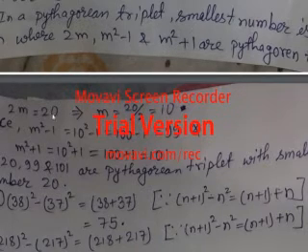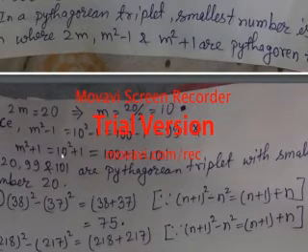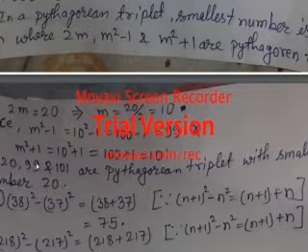So 2m is equal to 20, because here it has been said with a smallest member 20. So what happens? m is equal to 20 by 2, that is 10. Hence m square minus 1 means 10 square minus 1. 10 square means 10 into 10, that is 100. So 100 minus 1 is 99. And m square plus 1 means 10 square plus 1, that means 100 plus 1, that is 101. So what happens? 20, 99 and 101 are a Pythagorean triplet with the smallest number 20.